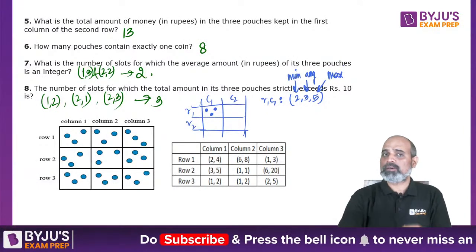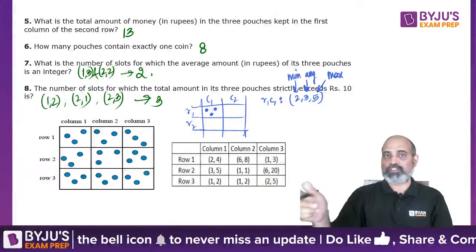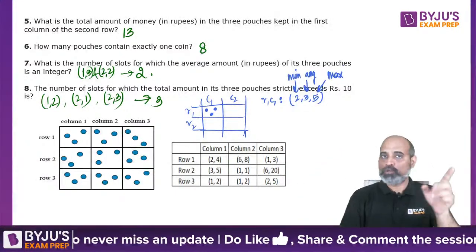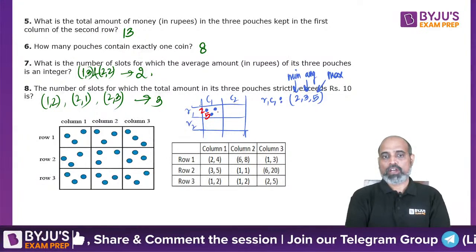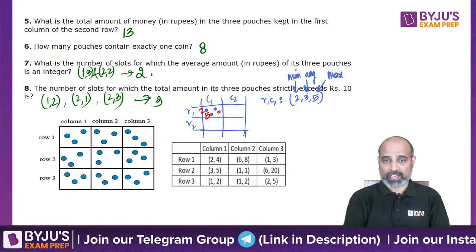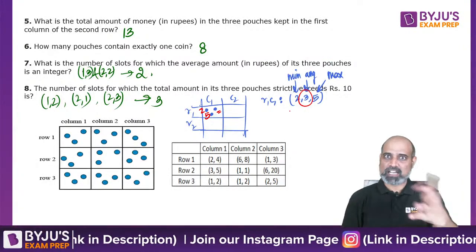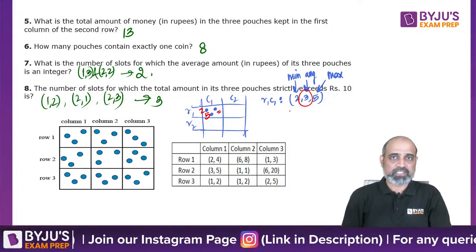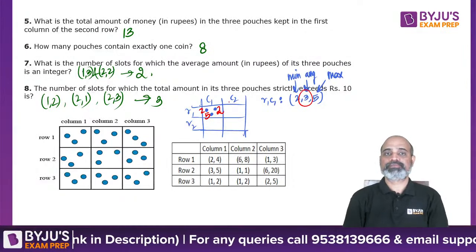So what are the 3 numbers? The moment you see 2 and 5, this is the limit. There will be one 2 and one 5, right? What about the third number? How will I come to know what the third number is? Looking at the average. Average of the 3 numbers is 3, which means the sum is 9. Out of 9, you can see 7, 2 plus 5. So obviously the leftover number is 2.